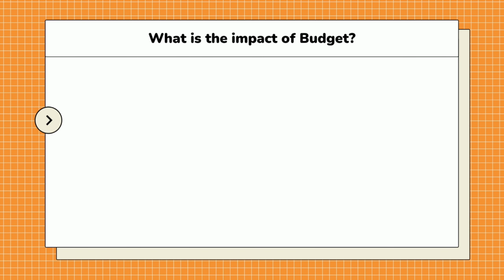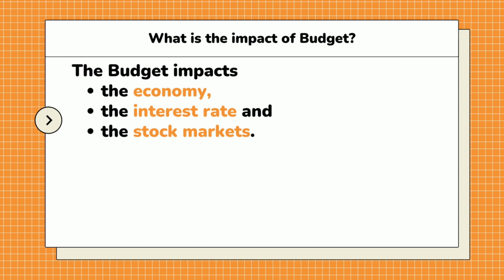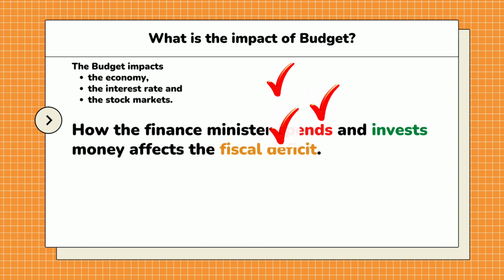Since we understood the most dear part of the taxes for the common man, let us also focus on why this budget is so important to all of us, or what is the impact of this budget. The budget impacts the economy, the interest rate, and the stock markets.